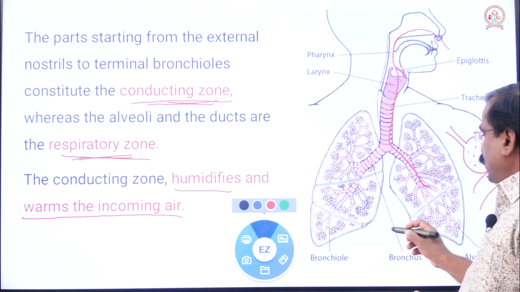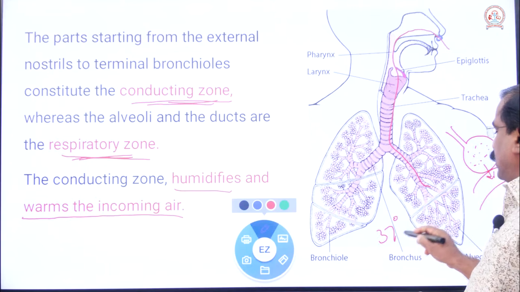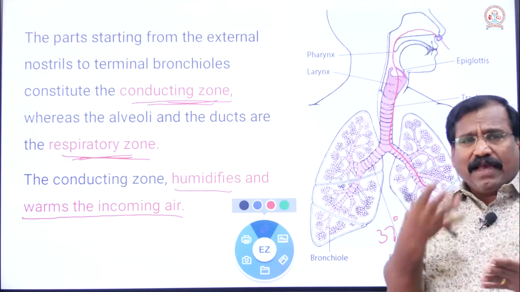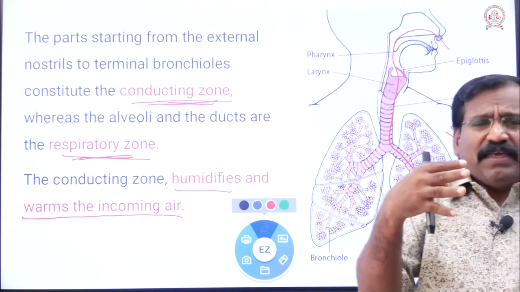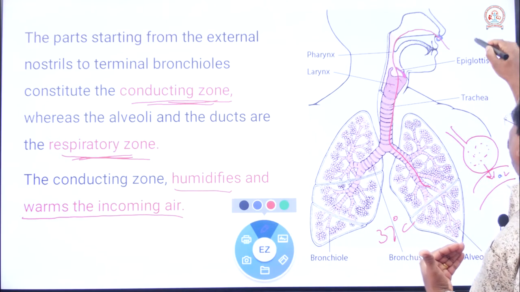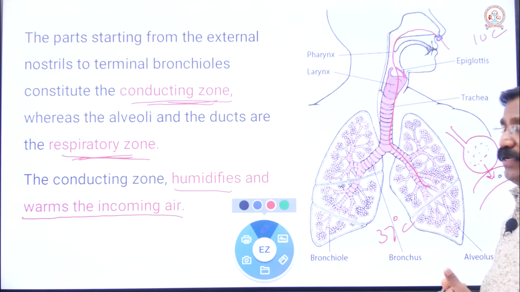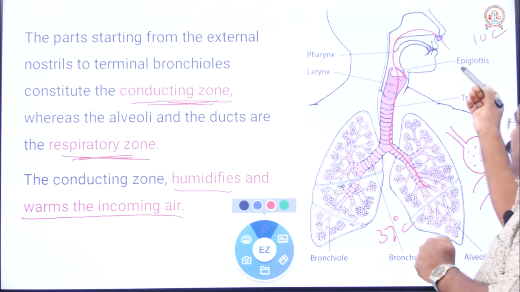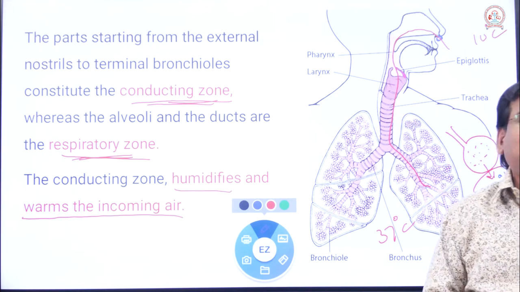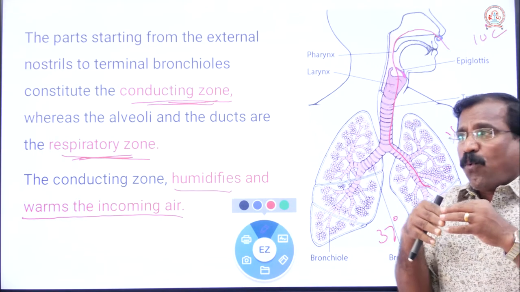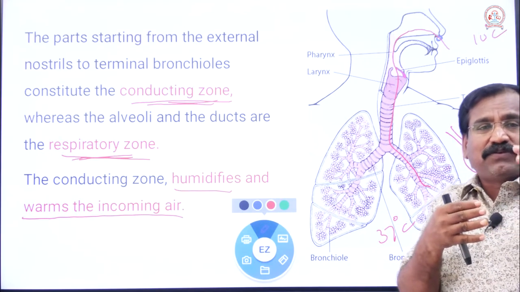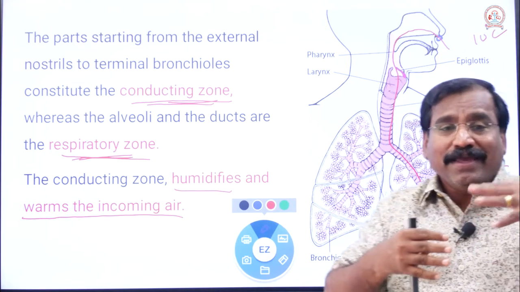Our body temperature is 37 degrees Celsius. Suppose the atmospheric air we are breathing is chill, for example 10 degrees Celsius. When that air goes into the alveoli through the conducting zone, the conducting zone warms the air, so the air temperature is brought to nearly body temperature.